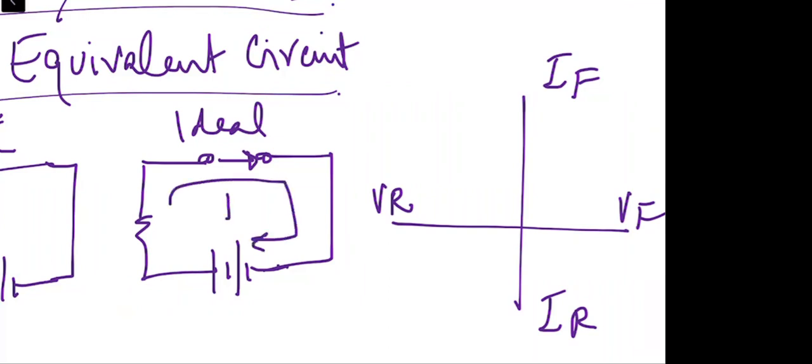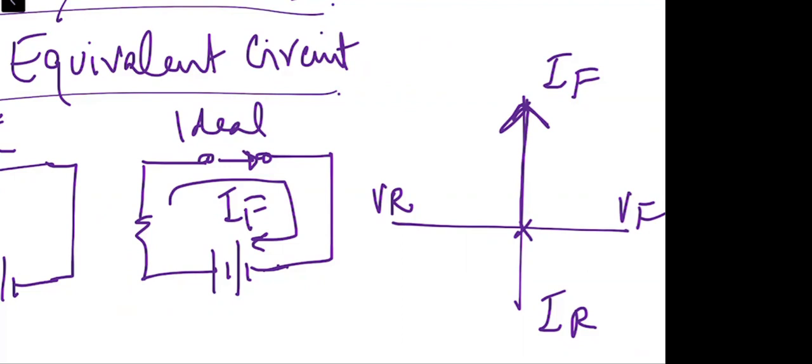Zero, sir. So if we are considering the diode as a short circuit switch, the voltage across the diode will be taken as zero. So the curve will start at the origin. Are you with me? Yes, sir. Okay?